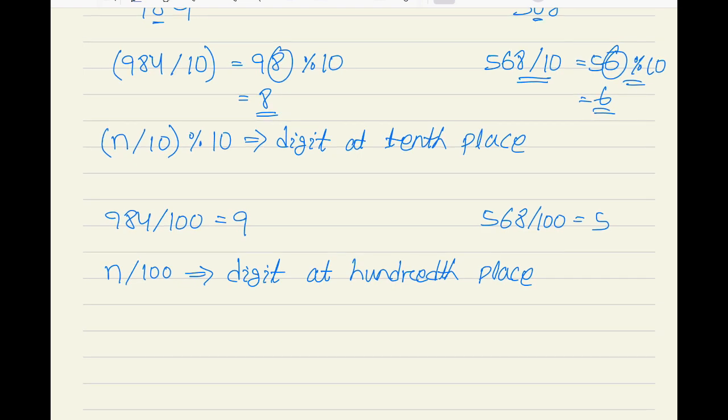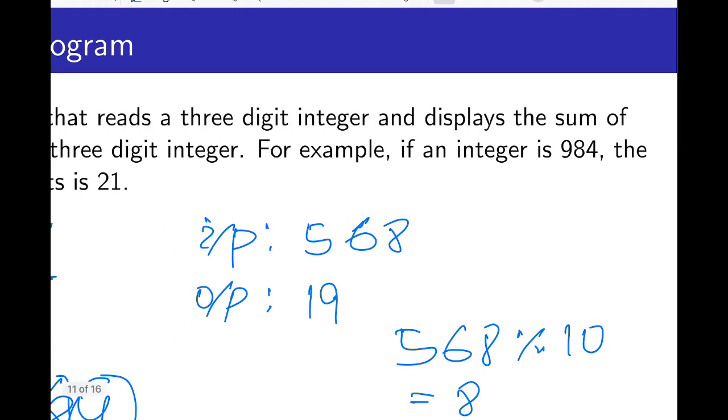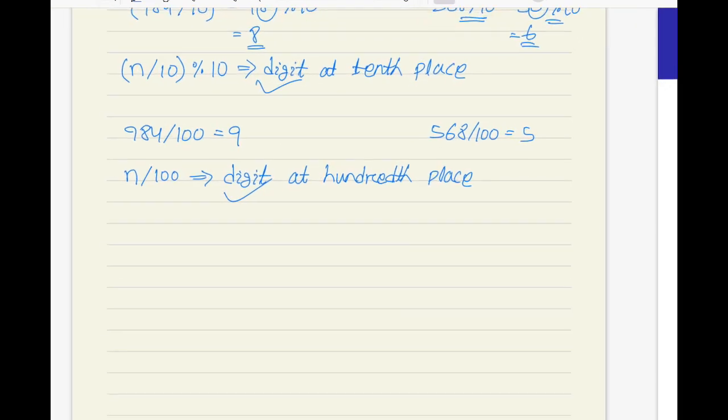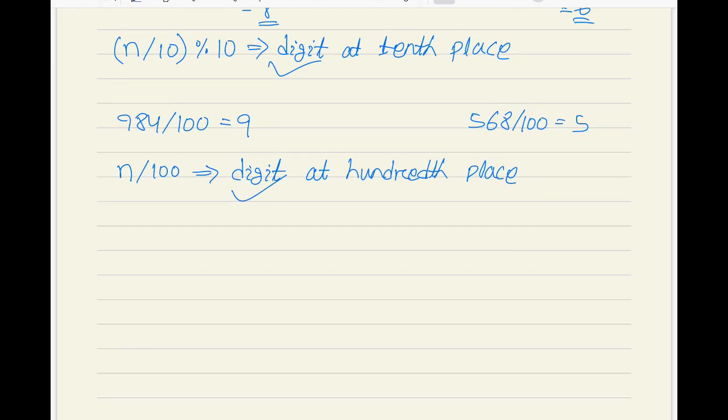So we got the digit that is at the 10th place, we got the digit that is at the 100th place, we got the digit that is at the unit place. Now we can add these digits and compute the sum.